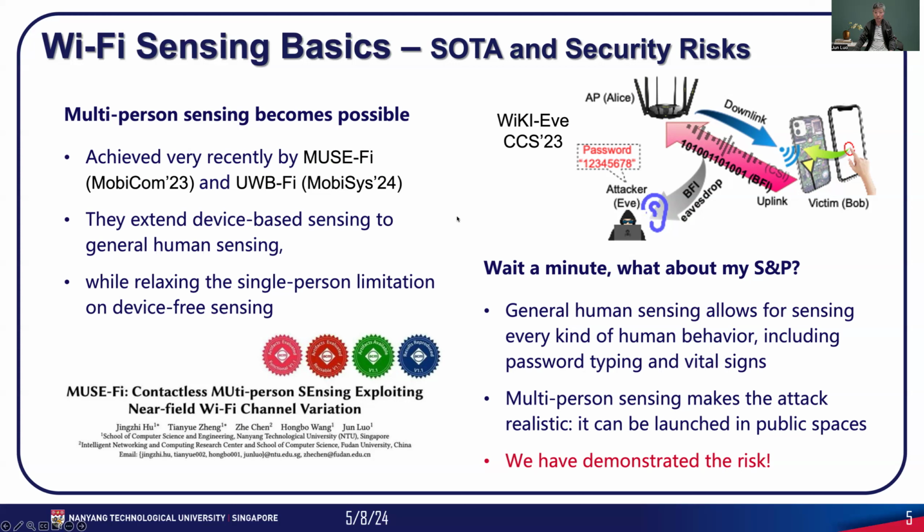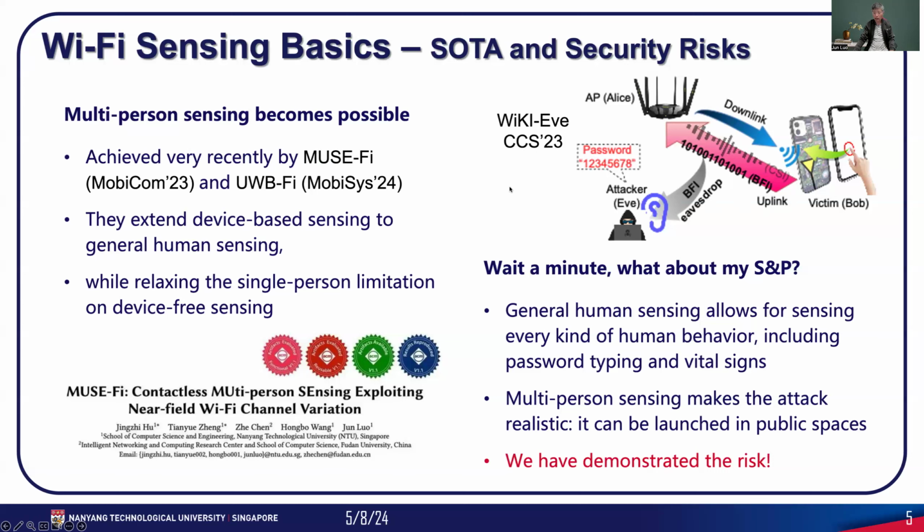Now comes the problem. If Wi-Fi sensing can sense different behaviors of users, where's my privacy? Where's my security? In fact, we have demonstrated that we can easily, without any hacking and without changing the device in any sense, just sit by and eavesdrop on the password you input on your mobile phone, which was published in last year's CCS.